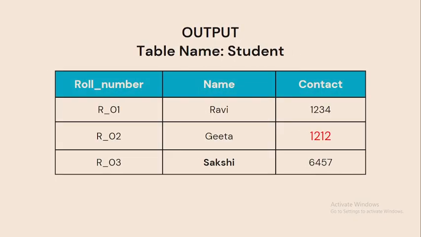Our output will look like this. Now we have an output table, and you can see we have replaced that null value with one valid value, 1212, for the student whose roll number is r_02, or you can say whose name is Geeta. In this way we can make changes in the record, or update the record.